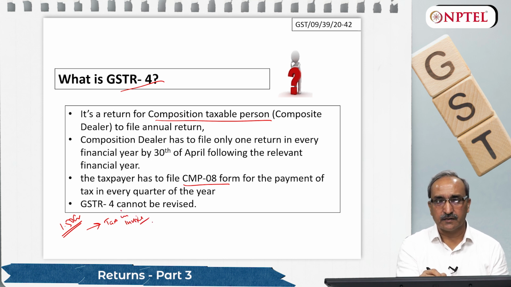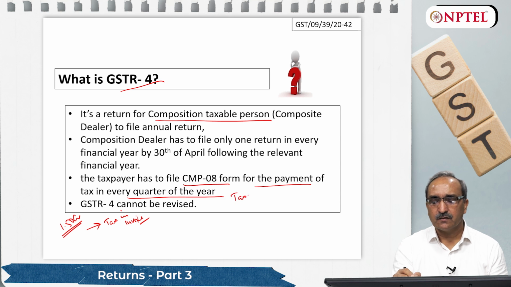I mentioned earlier, he will calculate tax on total turnover and pay to the government as per the rate applicable. But he will file on quarterly basis and pay tax on quarterly basis.